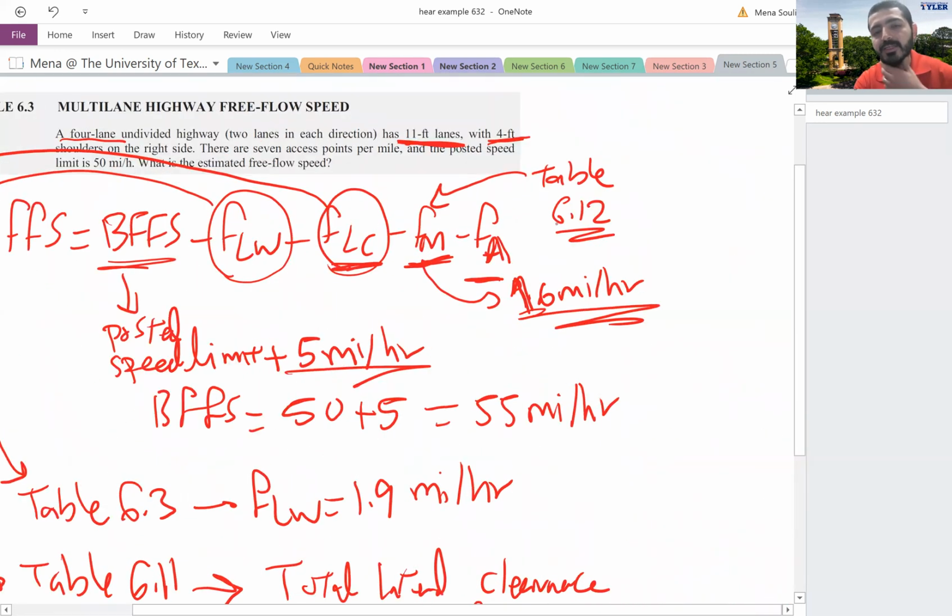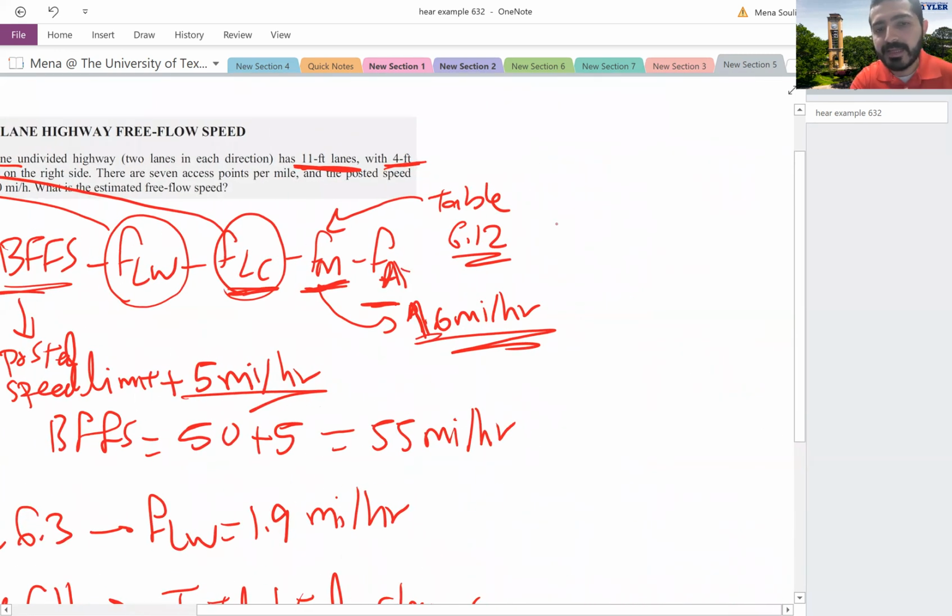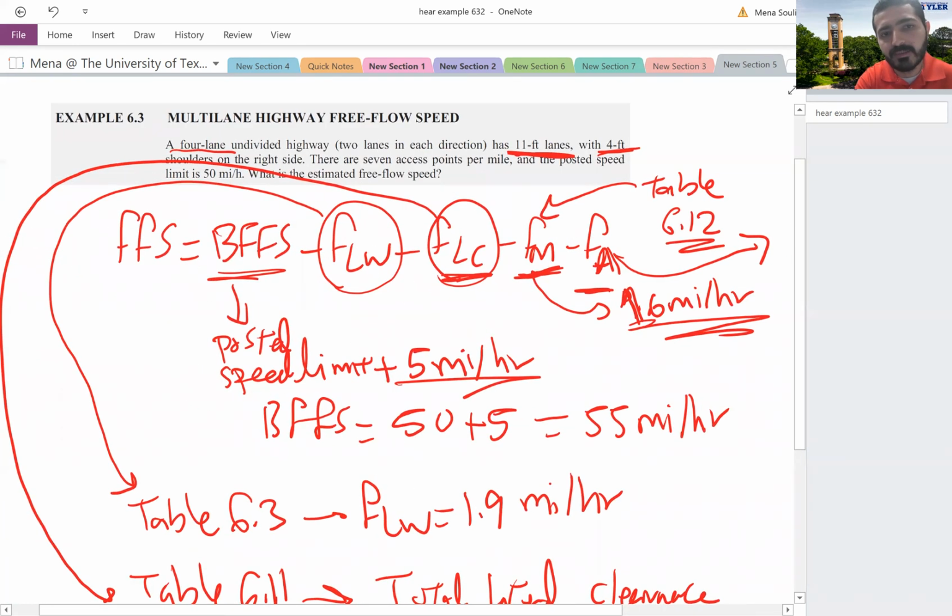How about FA? The last thing here to get done with this problem. FA has to do with access points, which we covered in the recorded lecture. We obtain this correction factor from table 6.13. And we do have here, how many access points?